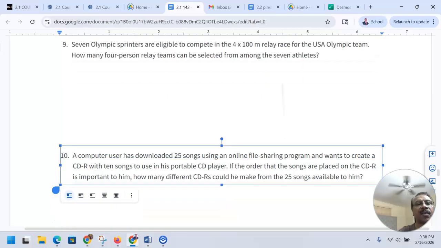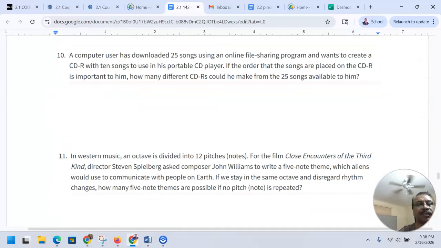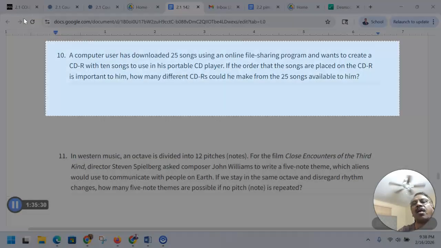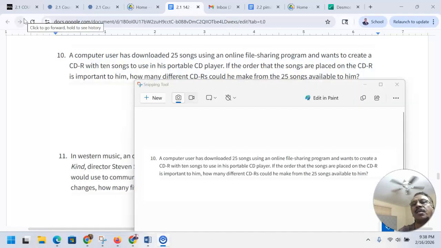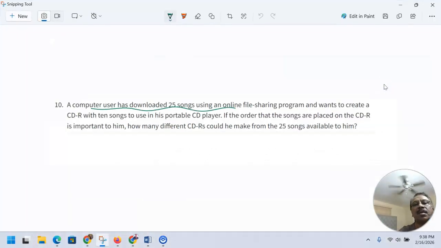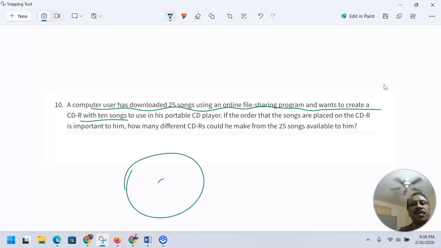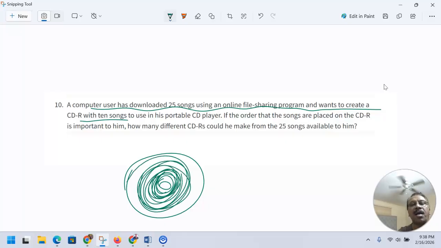To go to the next question, it says a computer user has downloaded 25 songs from an online sharing program and wants to create a CD-ROM. CD, in olden days we had the CD-ROM. So this is like a CD now. I don't know, not many use CDs.